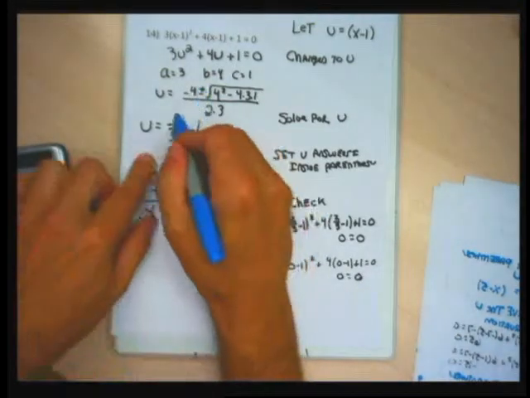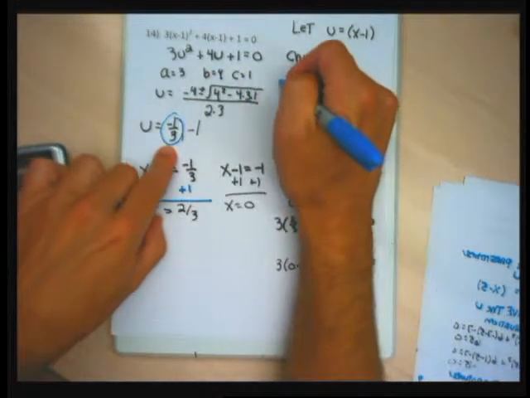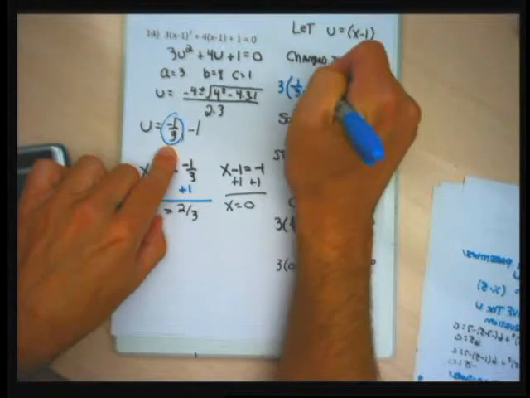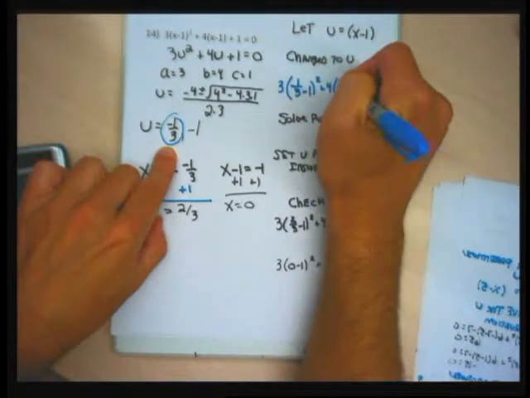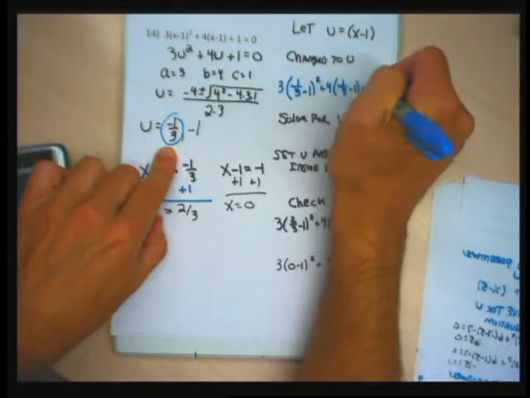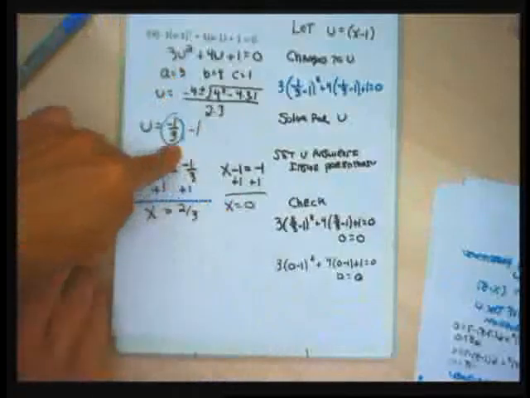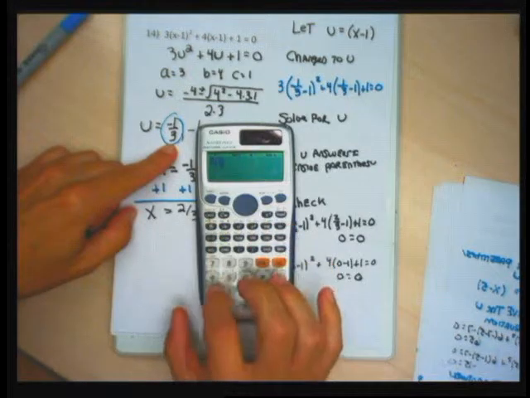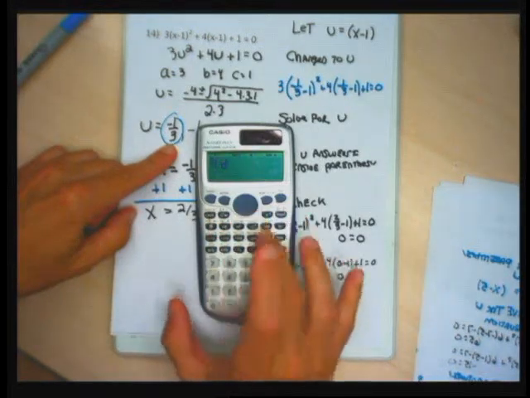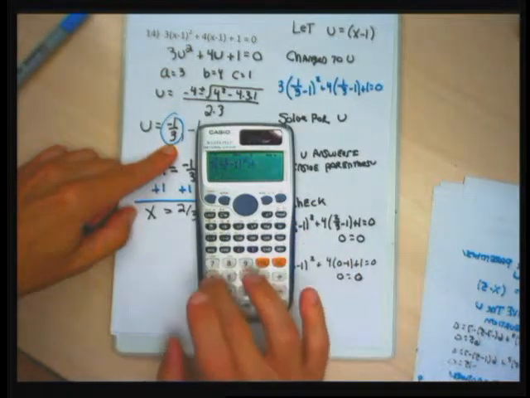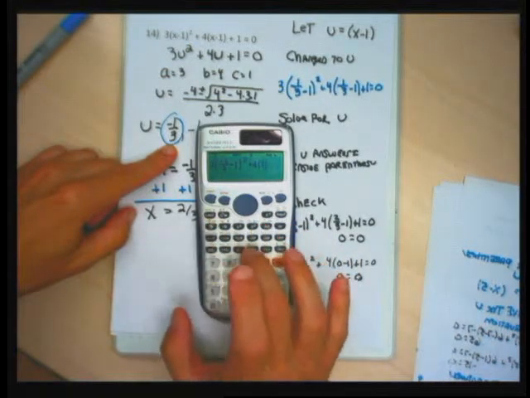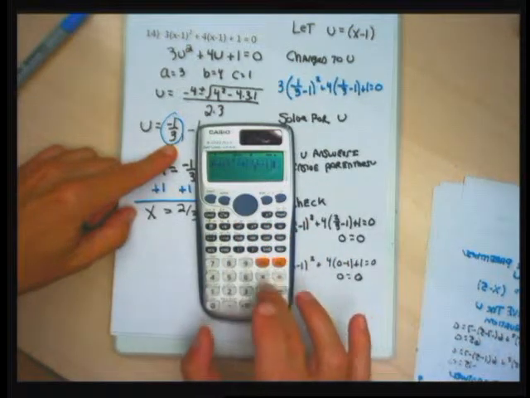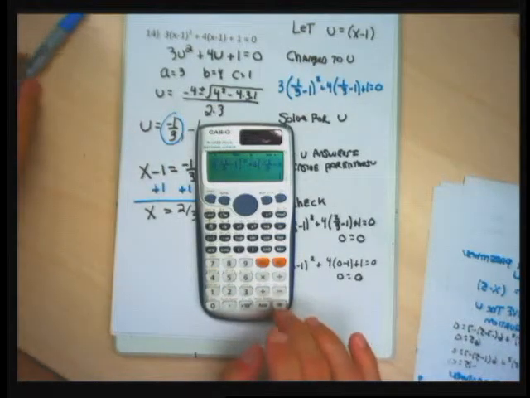I'll show you this one, for this ugly u that didn't work. If I tried to check that, if I tried to go 3 times (negative 1/3 minus 1) squared plus 4 times (negative 1/3 minus 1) plus 1, I'd get 1 equal to 0.